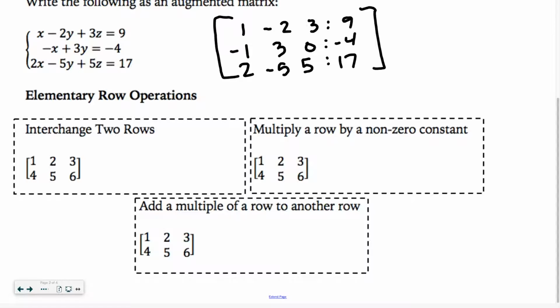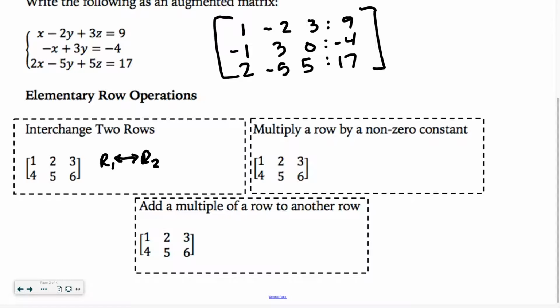Okay. So we call it interchanging 2 rows. I've got a 2x3 matrix here. What you want to pay attention to today is really the notation, like how you'll tell people that you swapped the 2 rows. So I'm going to switch row 1 and row 2. And so we're doing row 1, swap with row 2. That's the notation.